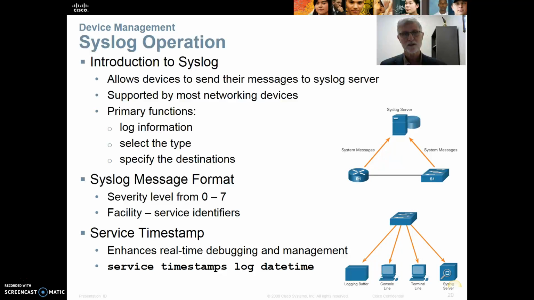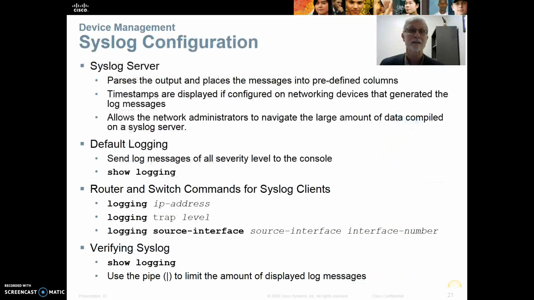Now, the syslog message format has 8 different severity levels, 0 to 7. And I can actually enhance the service by making sure that I see the timestamp. So I want to enable, from a debugging standpoint, what time a certain event took place.